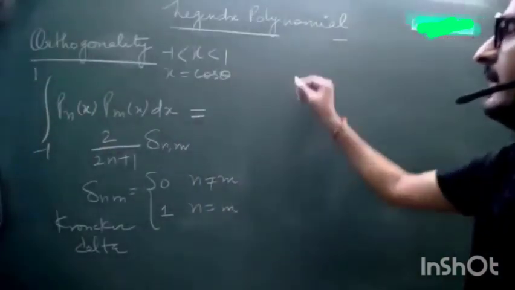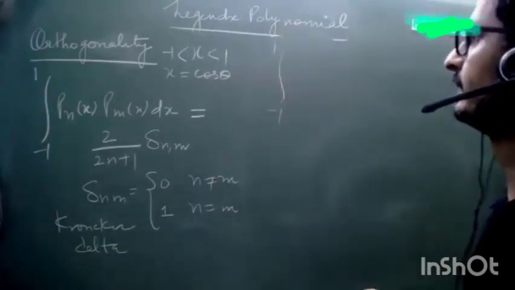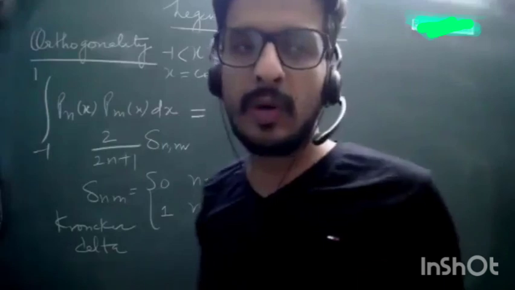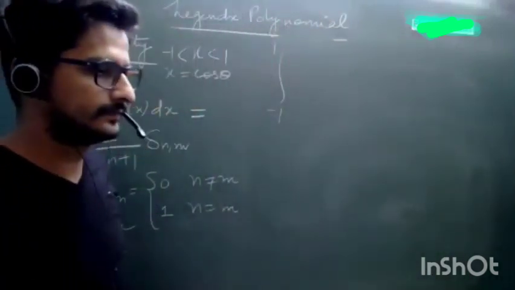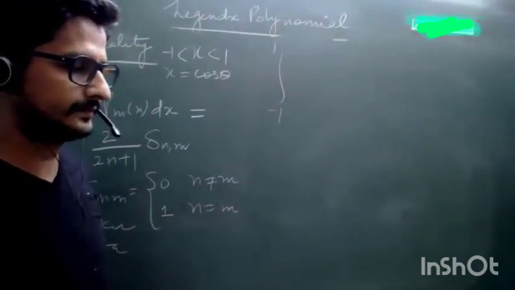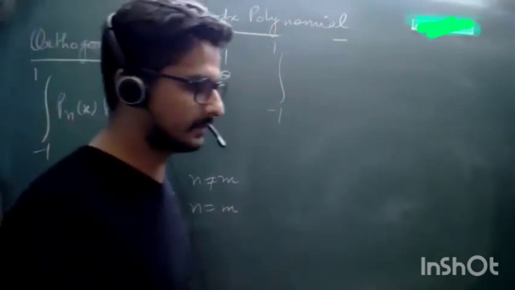Correct? So now please see, the orthogonality relation can solve so many tough integrations. For example, suppose you see the integral from -1 to 1, and I have told you P3 or P4, which one? The highest one, P4. Somebody tell me, what is your name?